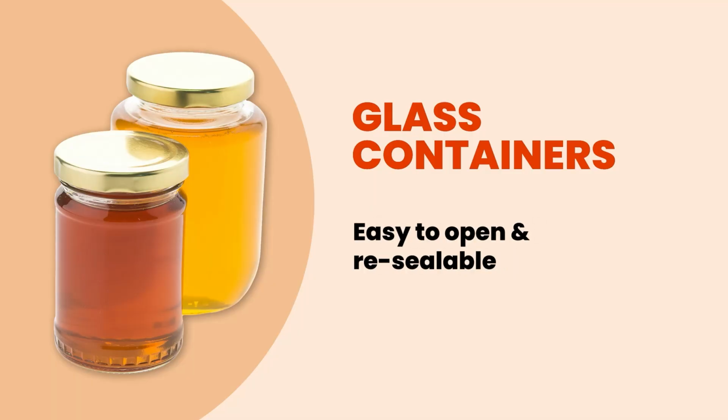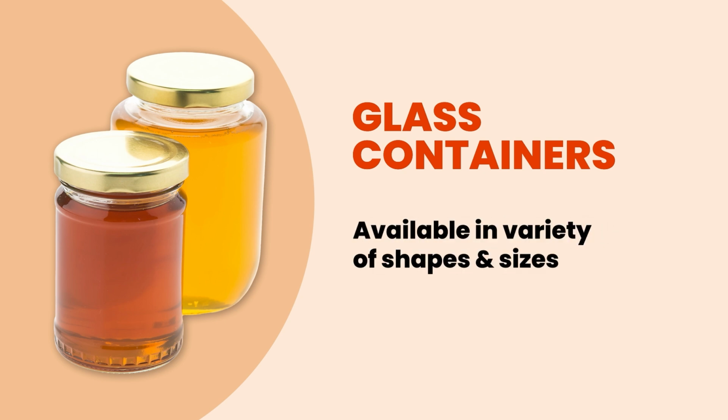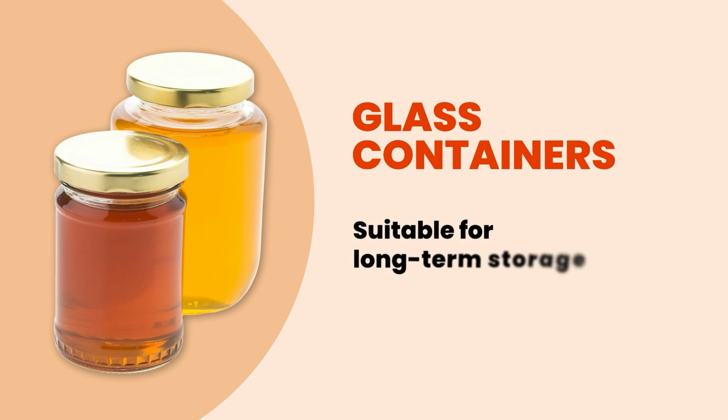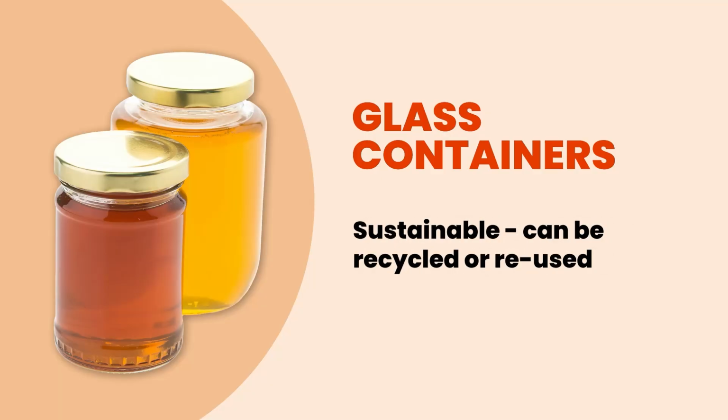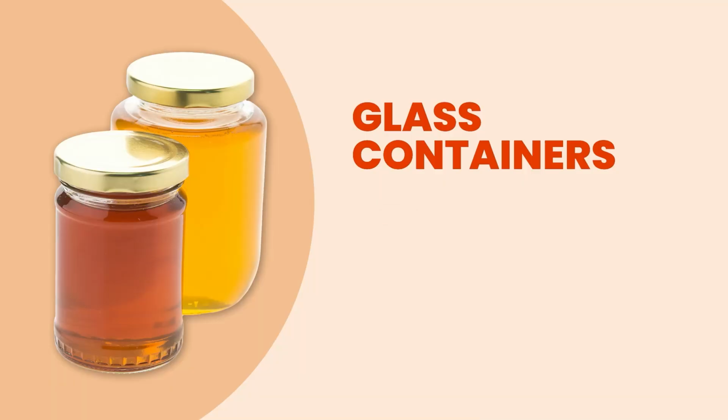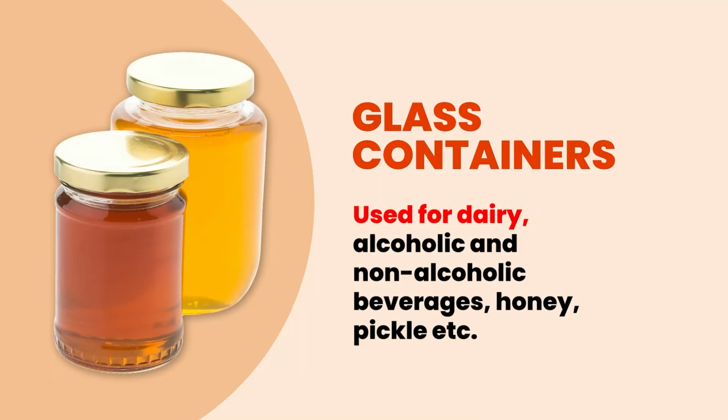It is very easy to clean the glass with hot water and detergent. It is easy to open, easy to reseal, available in variety of shapes and sizes, and suitable for long-term storage. And again, it is eco-friendly, it is sustainable, it can be recycled or reused. Glass containers we can use for dairy, alcoholic and non-alcoholic beverages, honey, pickle, etc.